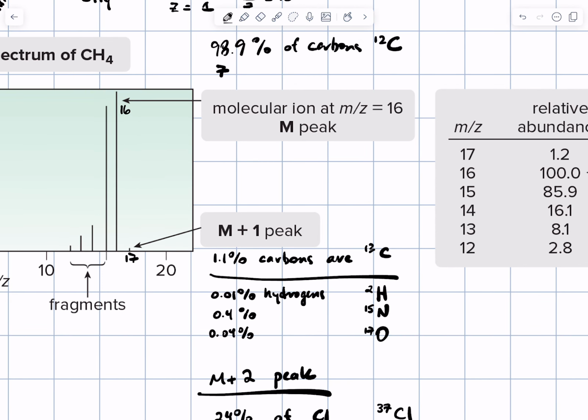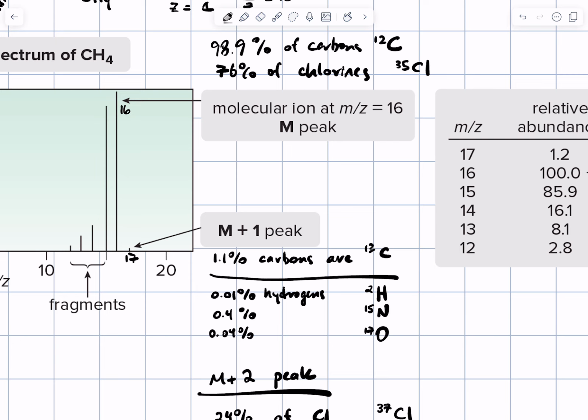It's about 76% of chlorines that would be Cl35. So if you have a molecule with chlorine, you're going to see two peaks. One is the base peak, or the M molecular ion peak, that corresponds to the 76% of chlorines that have Cl35, and the other is going to be 2 mass units higher than that, representing the other 24% that have Cl37. Bromine is also interesting in that way.